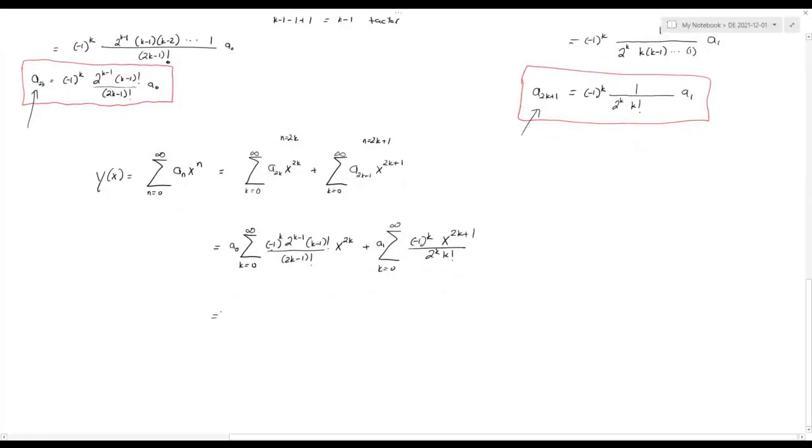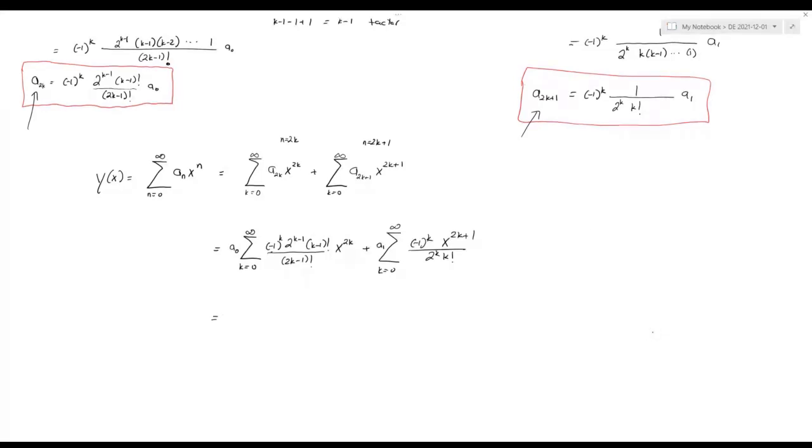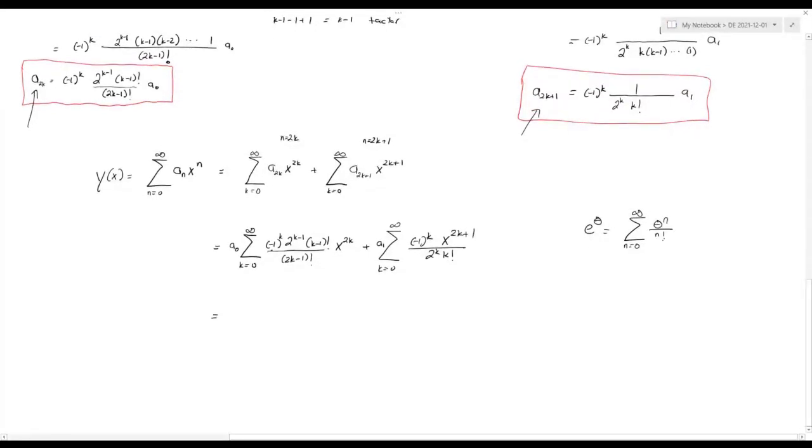second series I recognize, right? We recognize that as e to the, let's just use theta, I guess. The expansion of the exponential function around 0. So, well, almost. We just have to adjust it a bit.